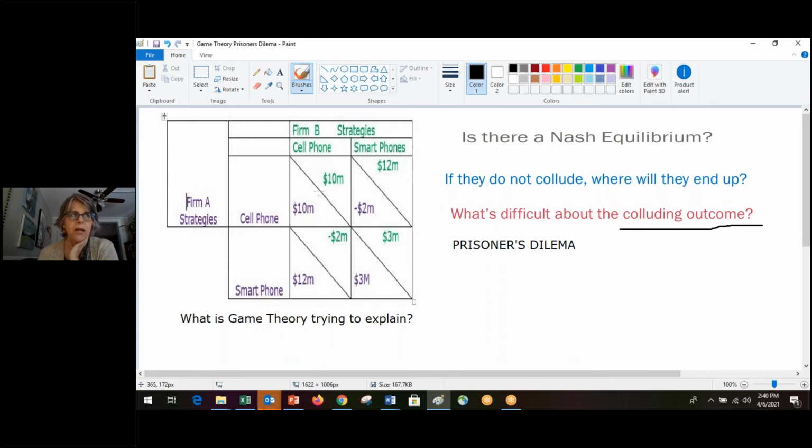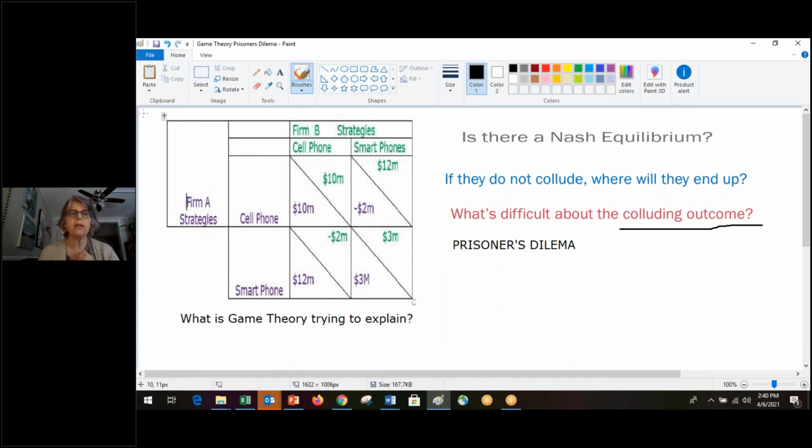A credible threat is defined as a threat that you make against somebody that, if you carry it out, won't hurt you. So if you say, my credible threat is I'm going to start lowering my prices, well, that's going to hurt me. That's not a credible threat, right? A credible threat is only a threat where if you do it, it won't hurt you.